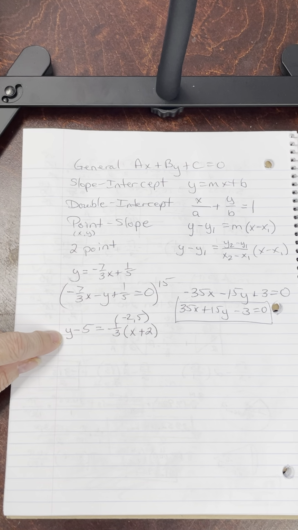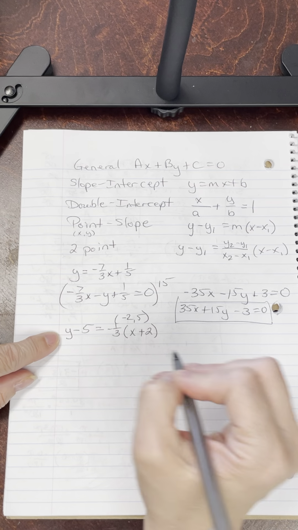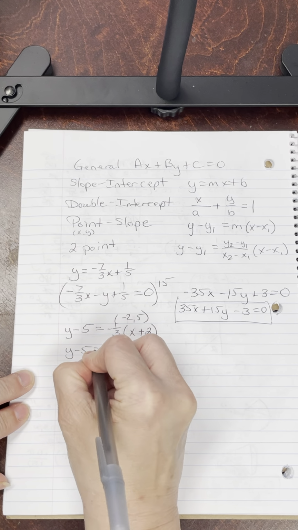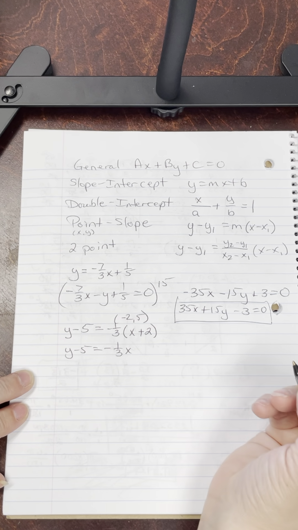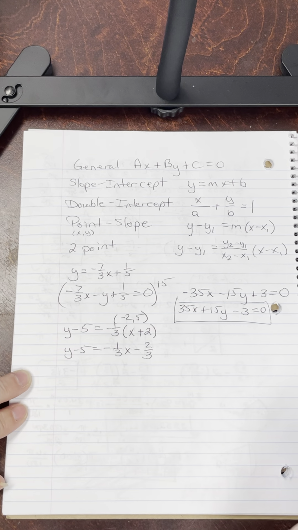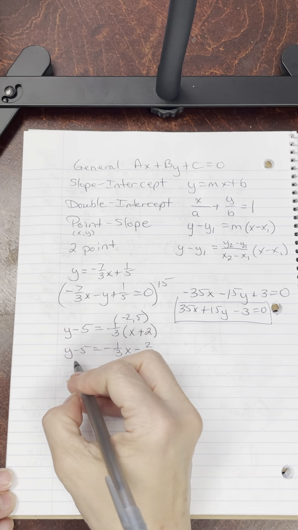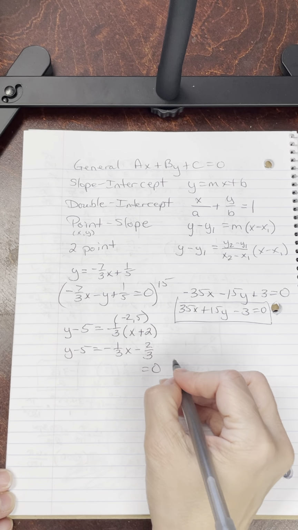And it says change it to general. General needs to equal 0. So before I make it equal to 0, I'm going to go ahead and distribute this. So let's keep y minus 5 equals negative 1/3 multiplies with x, negative 2/3. Now I've distributed. Now let's move things around. So equals the 0 because I prefer that at the end.